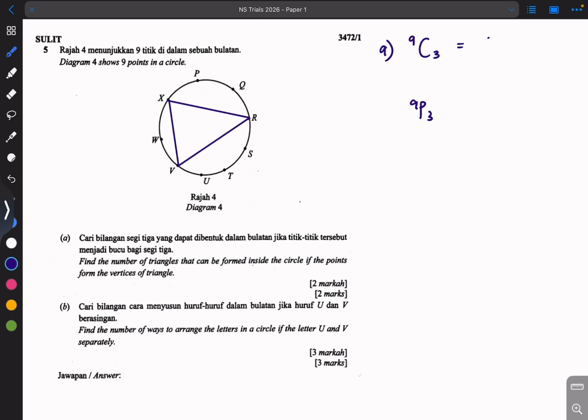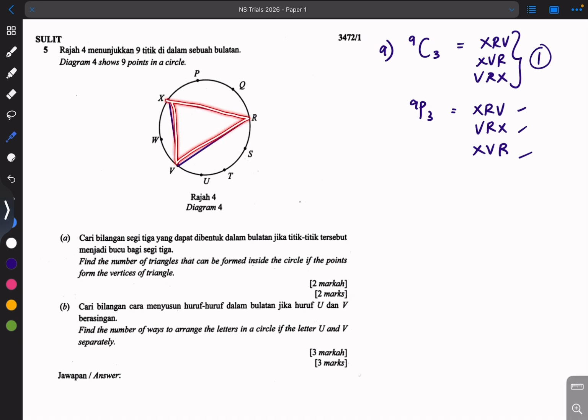Let's say you choose XRV, XVR, VRX, all these we consider as one triangle. It's all the same triangle. If you choose 9P3, that means XRV, VRX, XVR are all considered different triangles, which is not true because they are actually the same triangle.